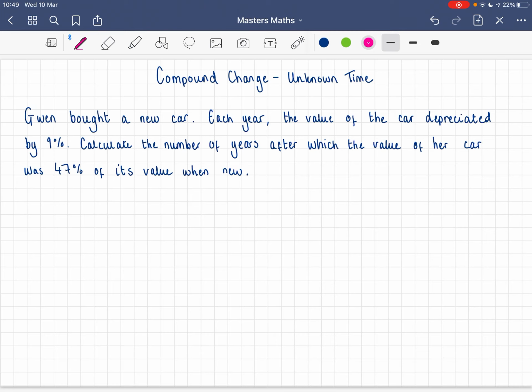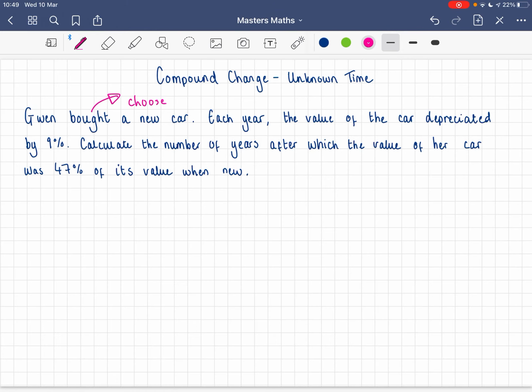So there's a few things going on there. It's decreasing this time, so be careful with your multiplier first of all. And it's not giving you an actual number. It hasn't told you how much she bought the car for. So my hint for that is pick a number. Choose one that's quite easy to work with.